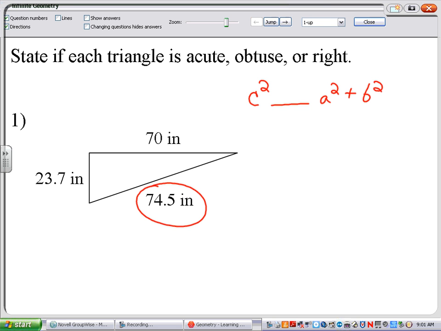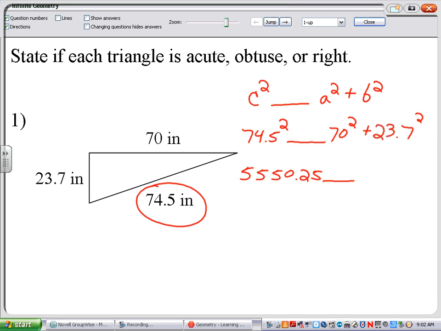So I'm going to write this as 74.5 squared, a blank, and then I'll write 70 squared plus the 23.7 squared. So I'm going to pick up my calculator, and I push in 74.5 and square that, and that comes out to be 5,550.25.